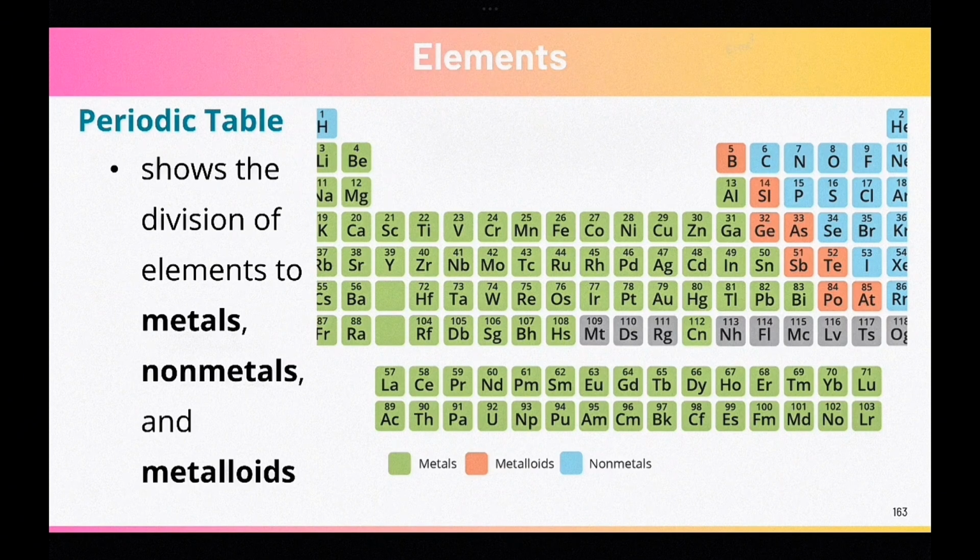For example, to easily identify the metals, that's the color green. The red or peach color is considered metalloids, and the blue one is the non-metals.